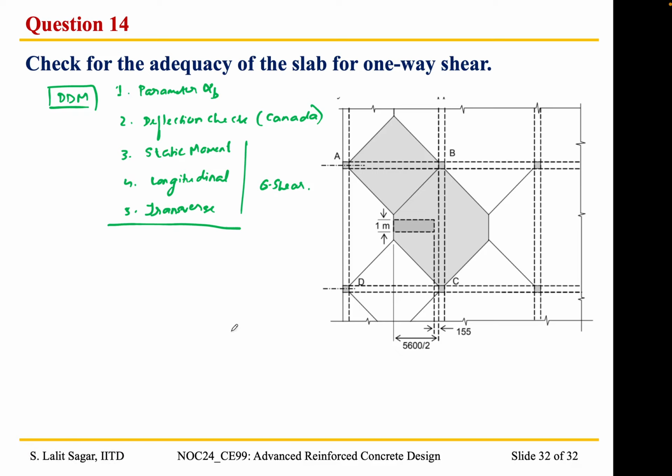When the slab is supported by very rigid beams, or it is supported by masonry walls of very high stiffness, then we need to check it only for the one-way shear. Okay, so I will go ahead and do the calculations now.